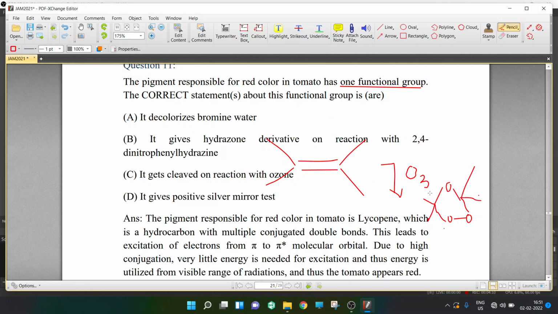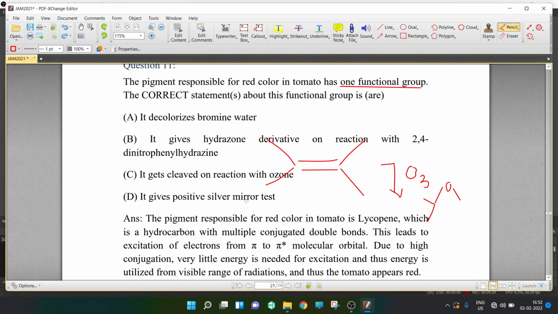Then when you add water and zinc, this will break up like that and like that. Sorry, it breaks up like this, and you get aldehyde or ketone, depending upon whether hydrogen is there or not. So it gets cleaved. So of course lycopene also has double bonds, so it will undergo cleavage. It cleaves with ozone.